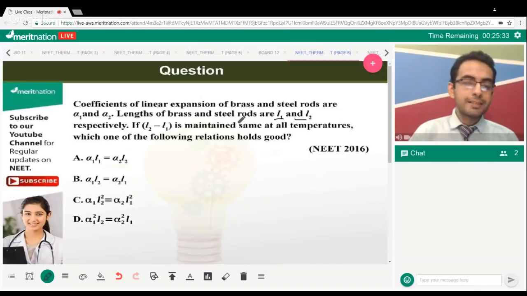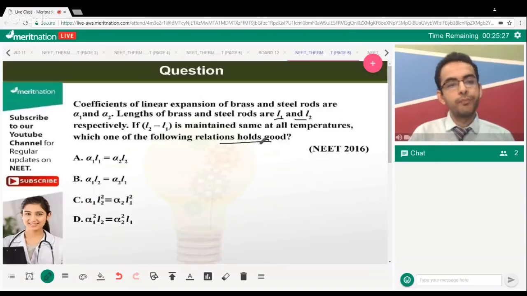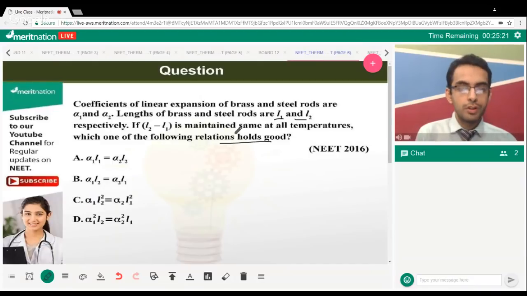If L2 minus L1 is maintained same at all temperatures, which one of the following relations holds good? So in this question, there are two rods, one made of brass and one made of steel. Alpha 1 is the coefficient of thermal expansion for the brass rod, and the length of the brass rod is L1.